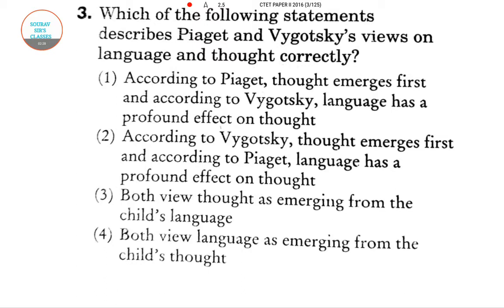Option 1, that is, according to Piaget, thought emerges first, and according to Vygotsky, language has a profound effect on thought. So option 1 is the correct answer. This is the statement that describes their views on language and thought collectively.